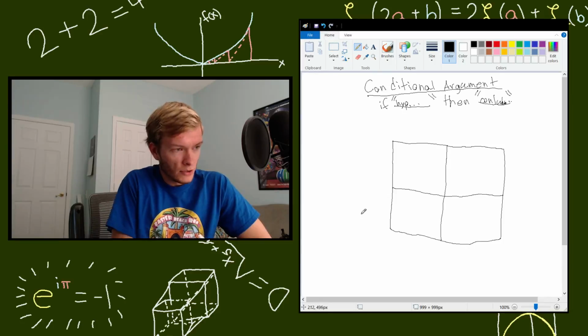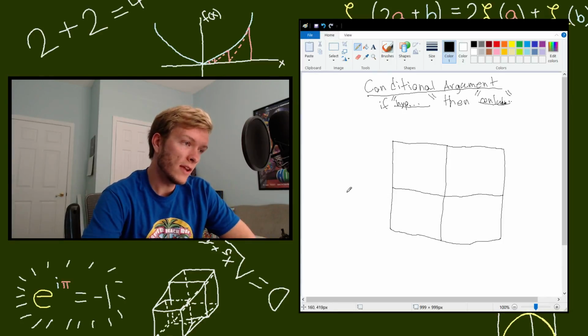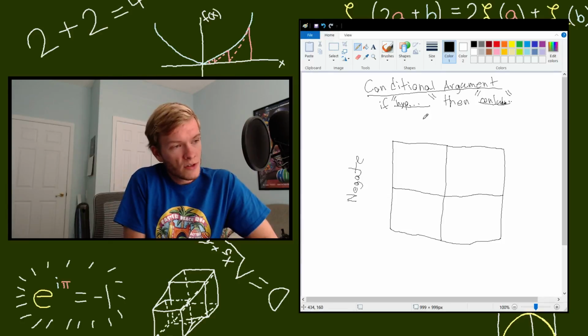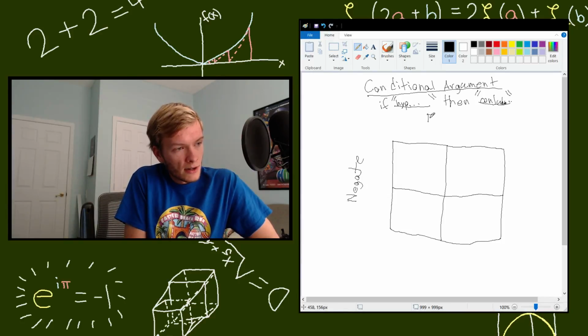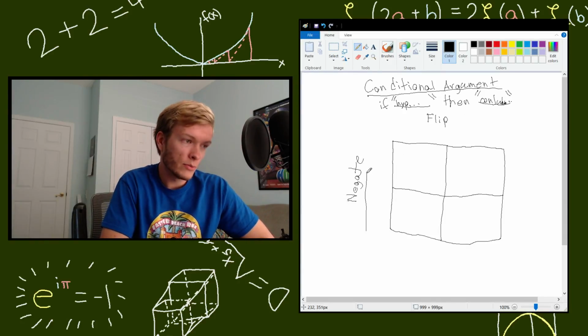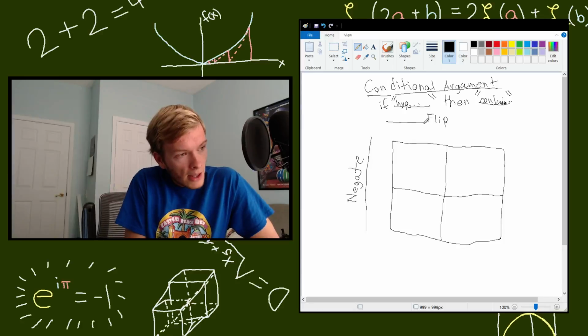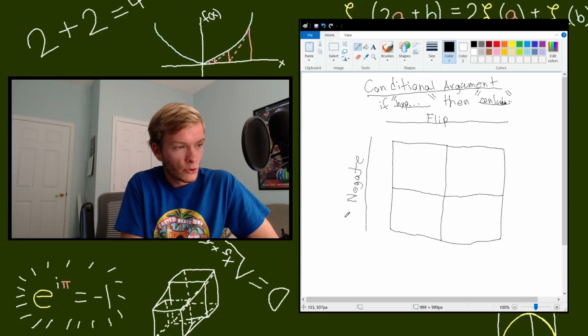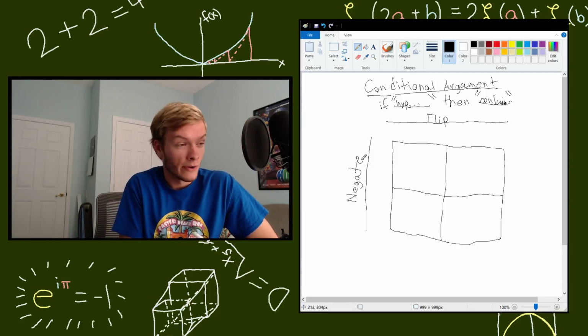So what we're going to do is this is going to be the negation column, and this is going to be the flip column. These will make sense in a second, but I'm going to put a line here and a line here. So these are the negate rows, sorry.